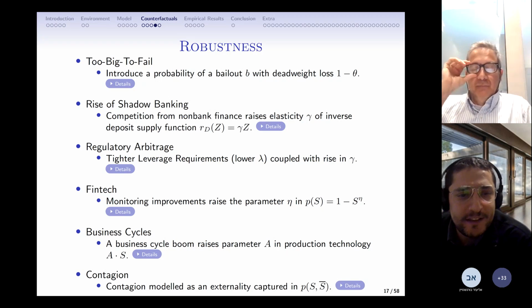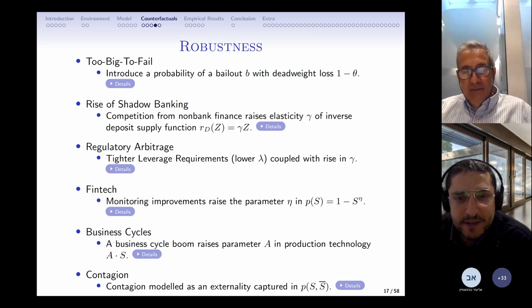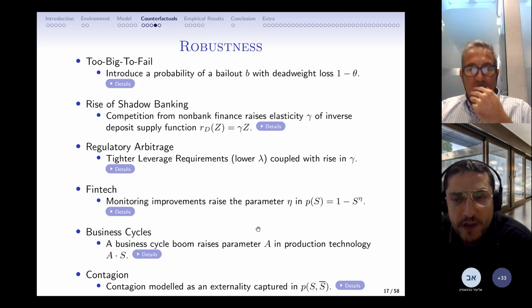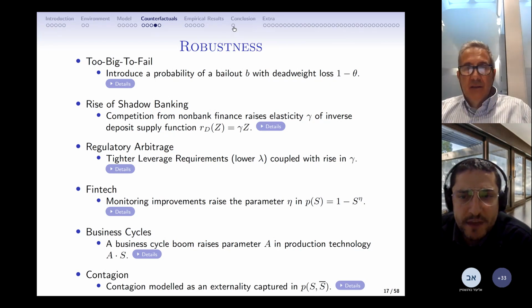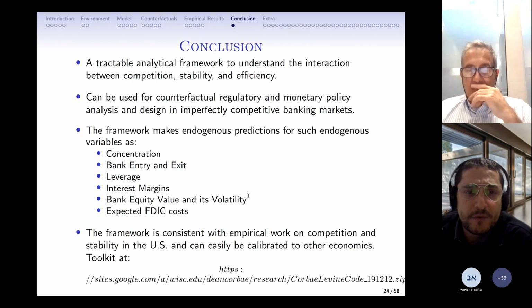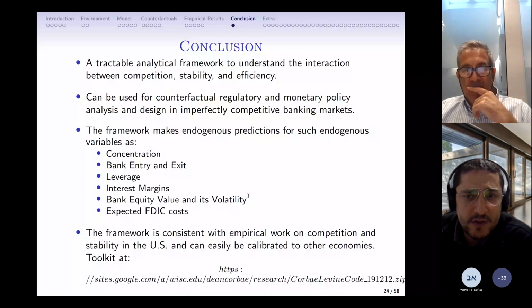So I was very interested by the conclusion, and it's a pity you did not have too much time to deepen your conclusion, and especially the policy implications of such a war. Because you say in the conclusion slide that it is useful for policymakers and provides some analysis for them.